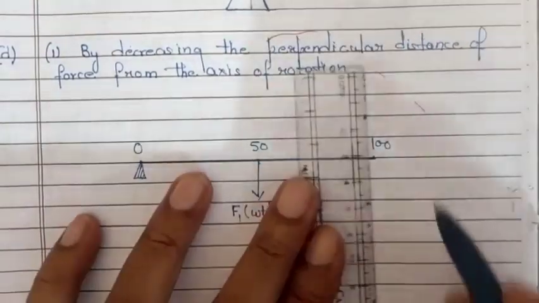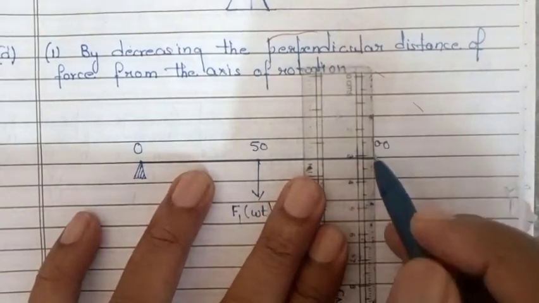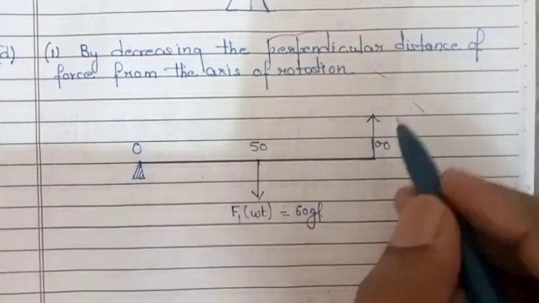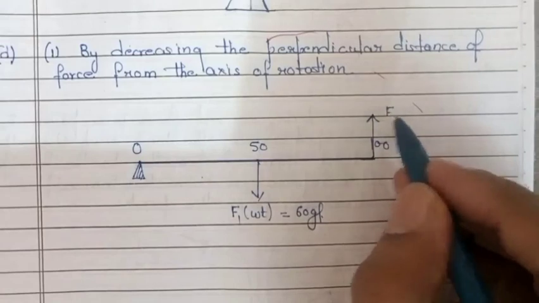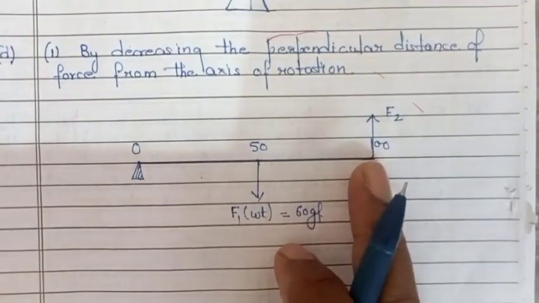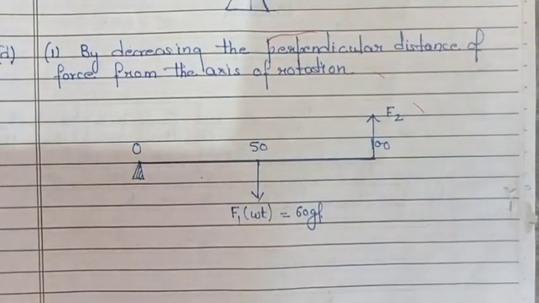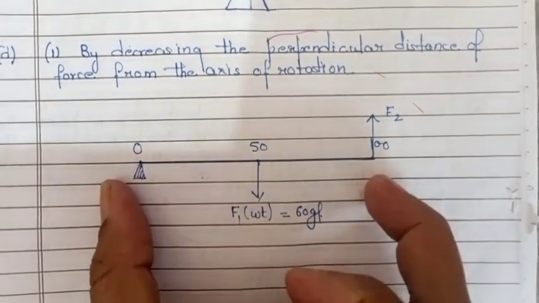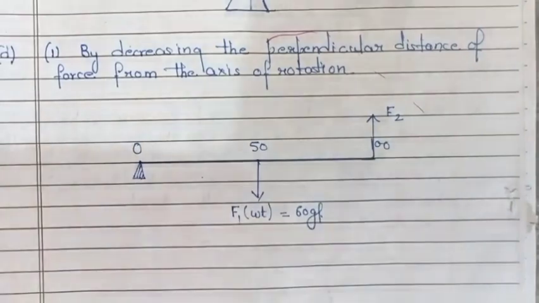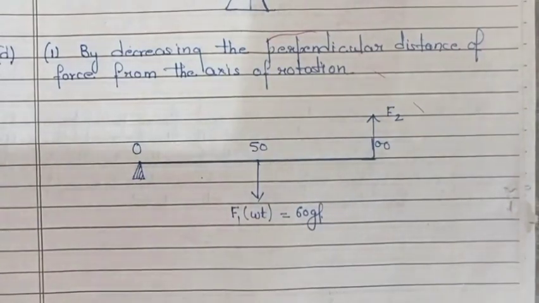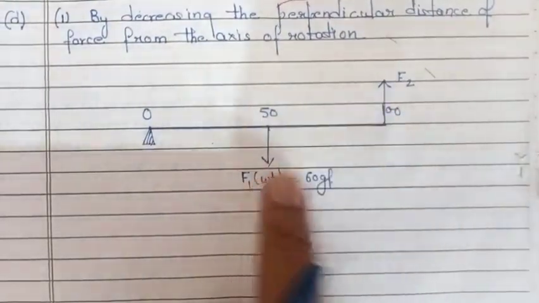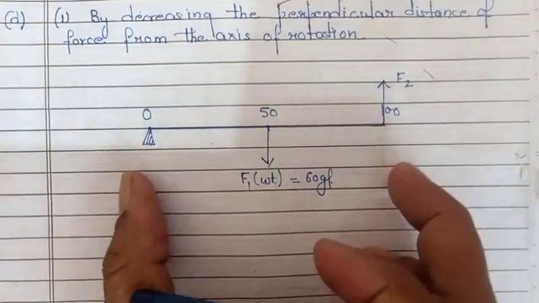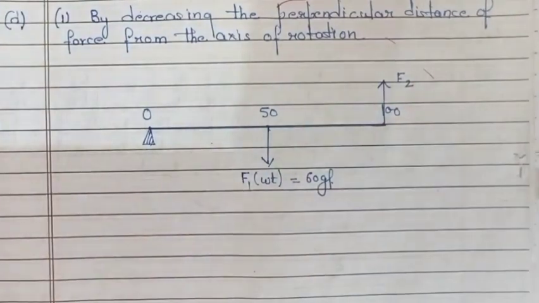So it's clear from here that we are going to apply the force in upward direction, F2. And why are we applying the force at the end? Because the question says you have to apply the least force. So for the least force, distance should be maximum. So this will be the diagram. Now with the help of these two forces, we have kept the rule in equilibrium.